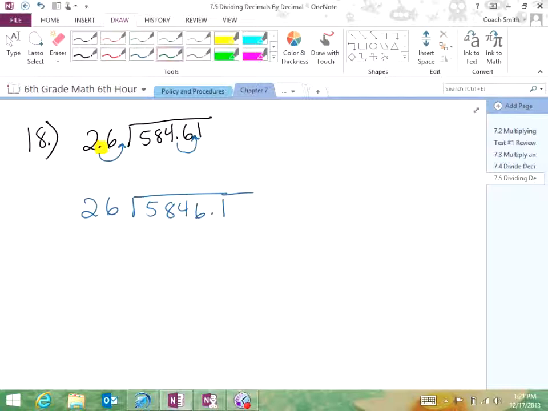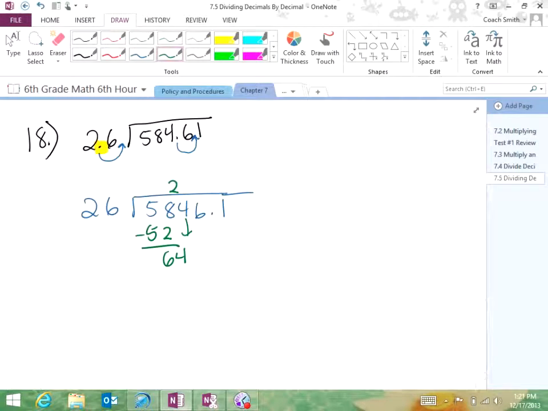All right, so 26 goes into 58 how many times? 2 times. 2 times 26 is 52. Remainder 6. Bring down your 4. 26 goes into 64.